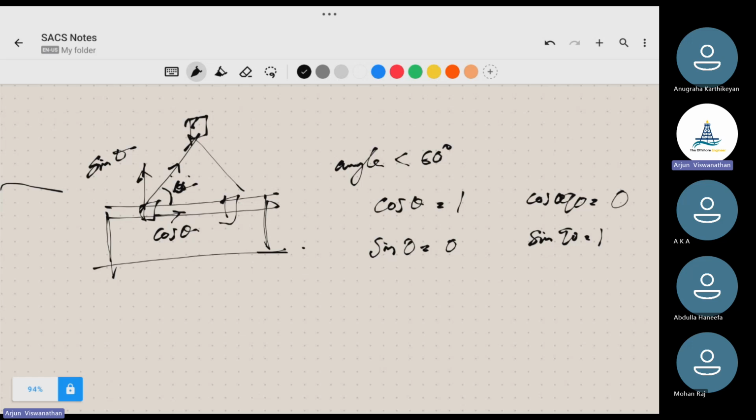Then the second one is, if we reduce this angle, that means whenever this angle reduces from 90 to 0, the horizontal component will increase. The cos component will increase. It will insert a compression load between these members, which may result in a buckling case.